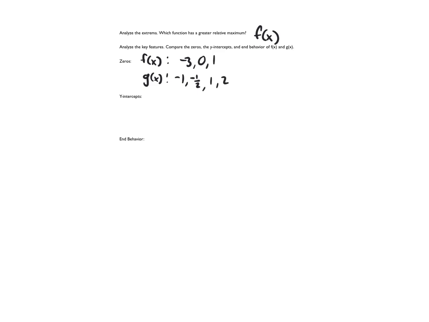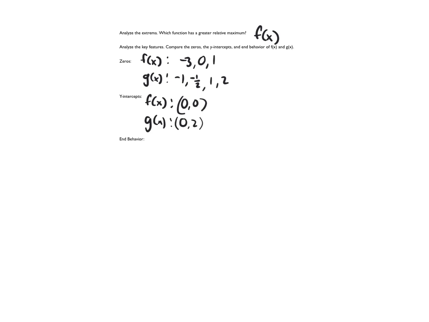So that's where all the zeros are. The y-intercepts. X-intercepts are the same thing as zeros. The y-intercept for f of x was, of course, at 0, 0. And the g of x y-intercept was at 0, 2. All right, so g of x had a higher y-intercept.